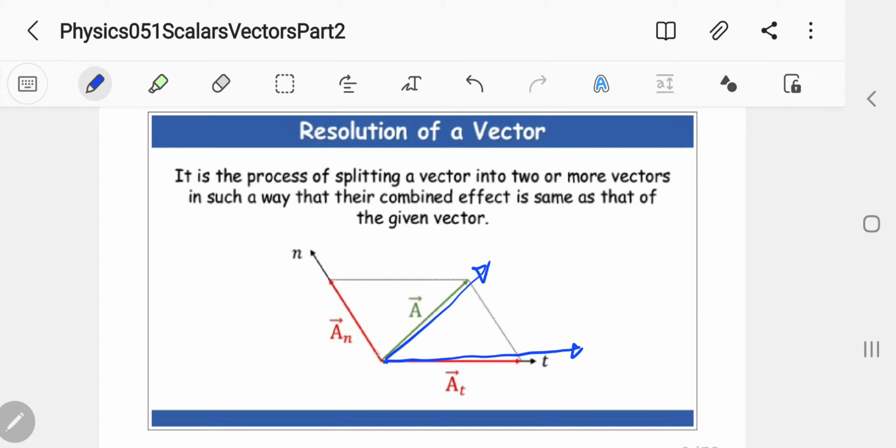And also if you have n, then you have a projection of A on n here.